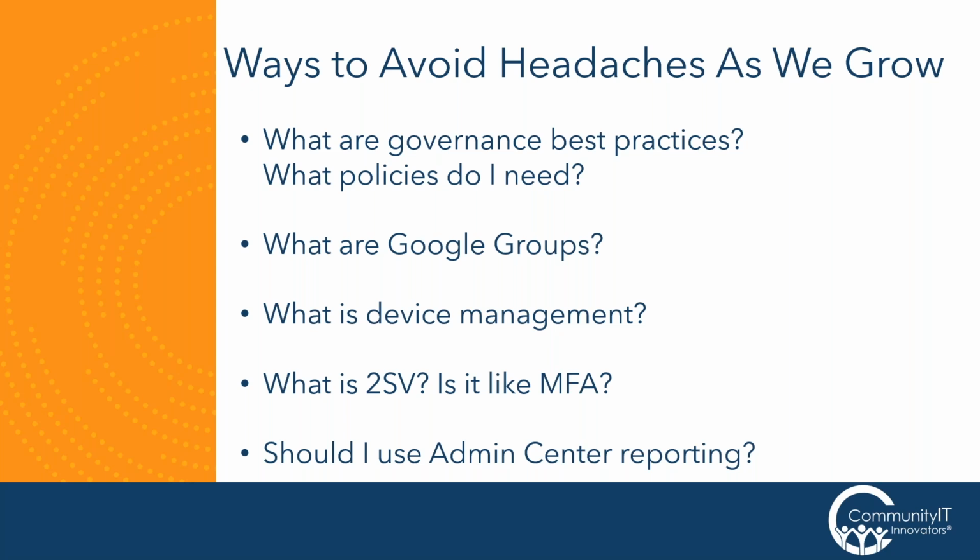In terms of policies, we'd recommend an acceptable use policy, of which there are many examples out there on the internet. It's important to have, just outlining for staff what is acceptable for them to do with their computers and their IT systems, and what the expectations are for them around the use of those systems.